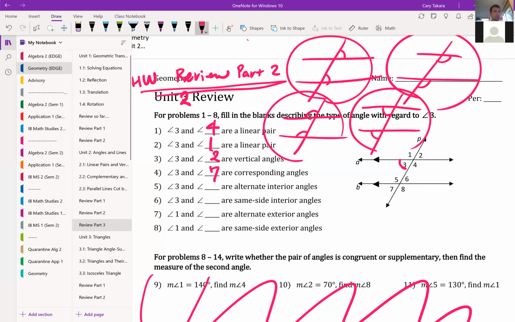Oliver, are you trying to answer number 5? Yeah, it will be, alternate means one is on the left side and one is on the right side. And interior means inside. So it's gotta be 3 and 6. Yeah, they are alternate interior angles.